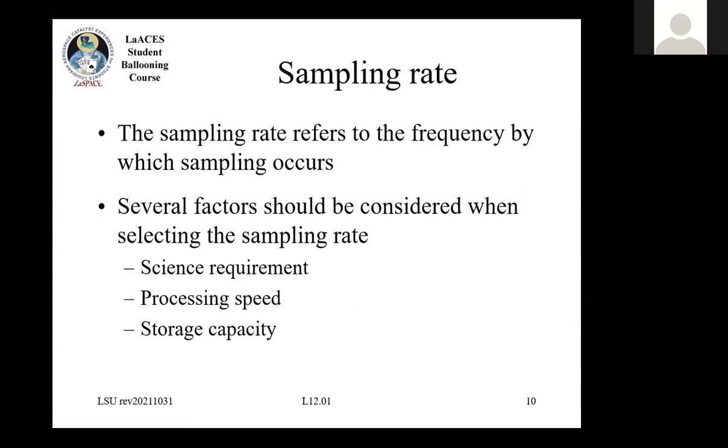So the ADC hardware and your microprocessor are going to set an upper limit, right? There's a max rate of how quickly I could possibly read in an analog signal if I did nothing other than try and read it as quickly as possible. Odds are, for the stuff that you're going to be working on in here, you don't need to be sampling that quickly, right?